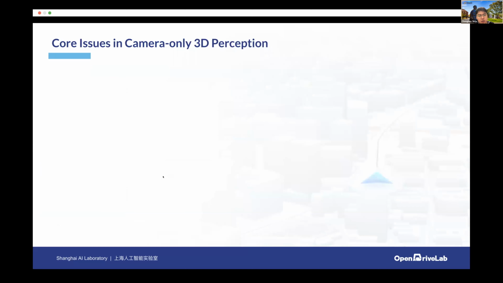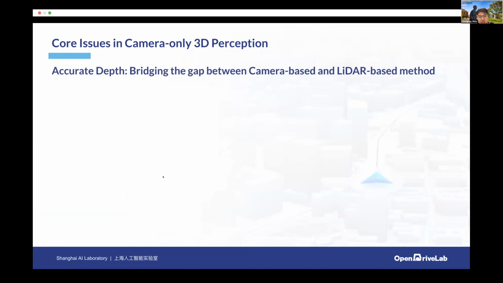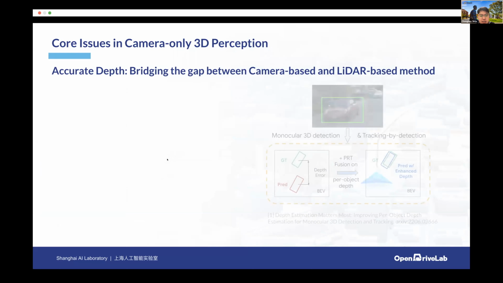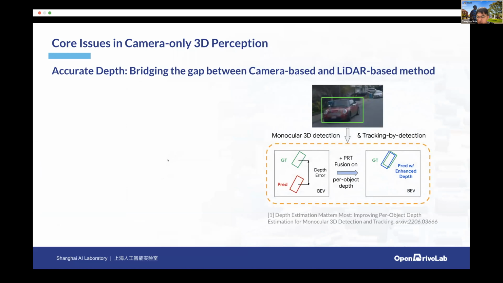So what is the core issue in camera-only 3D perception? We think that it is accurate depth. This is the bridge. If we fill in the accurate depth, we can bridge the gap between camera-based and LiDAR-based methods. Here is a simple example to help you understand this.